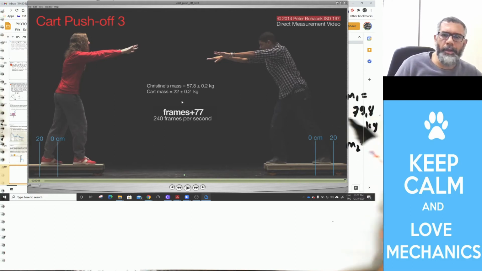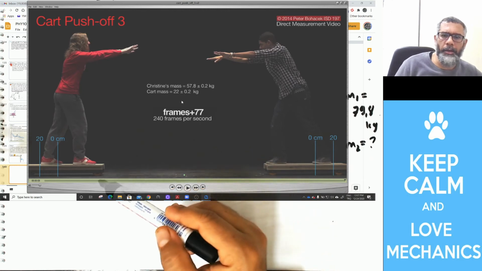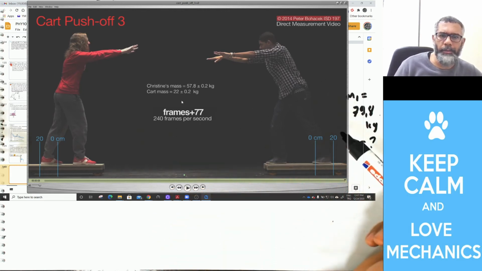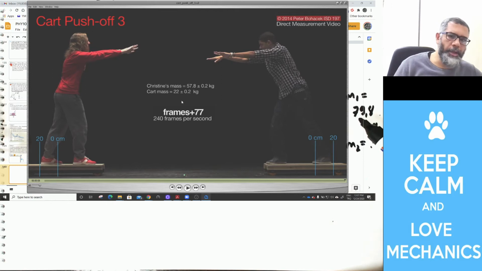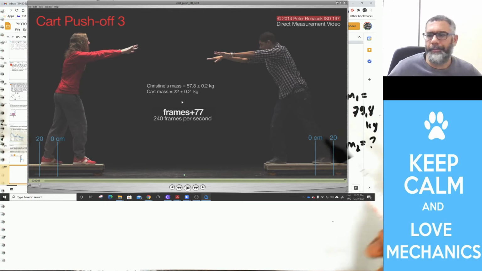Since these two objects, the girl and her card and the boy and his card, are moving together, we just name the girl and her card mass as M1 and the boy and his card mass as M2. We don't know what M2 is, but we know what M1 is. M1 is 79.8 kilograms. Okay?